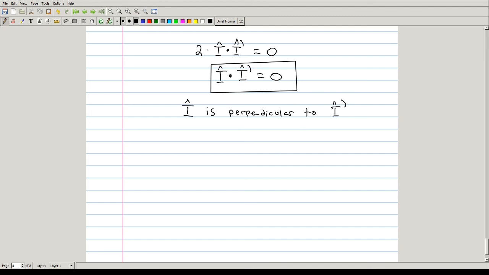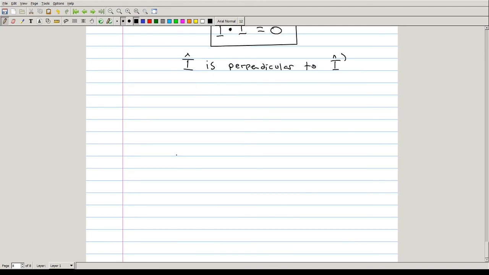And this is very, very special in some sense, because this actually gives us the way forward for constructing that frame that I talked about before, the orthogonal frame. We define the following. Now, this vector t hat prime is not necessarily a unit vector, and in general it's not a unit vector. So what we do is we define the vector n hat as the unit vector pointing in the direction of t hat prime.